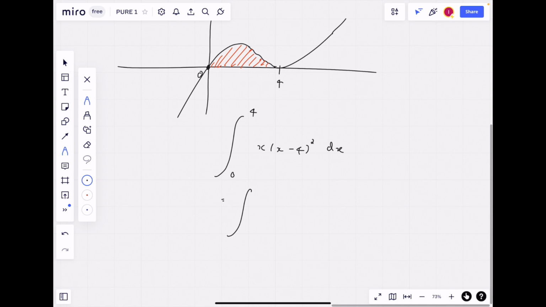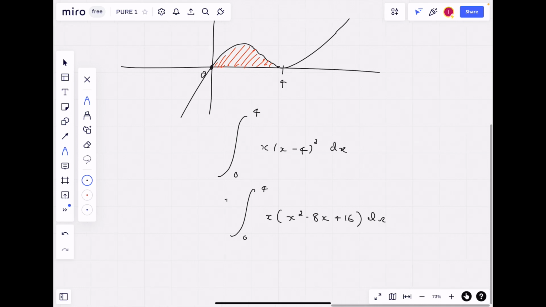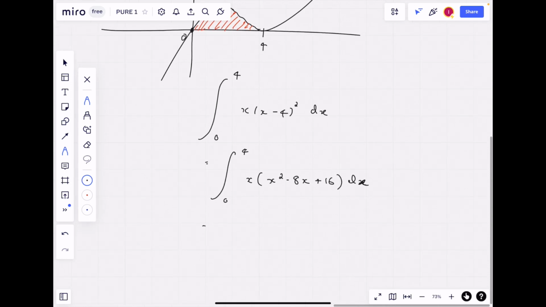So for 0, if we expand our double bracket, we get this. That should be an x. And when we expand by multiplying out the x on the outside, x cubed minus 8x squared plus 16x. Okay, that is what we're going to integrate.